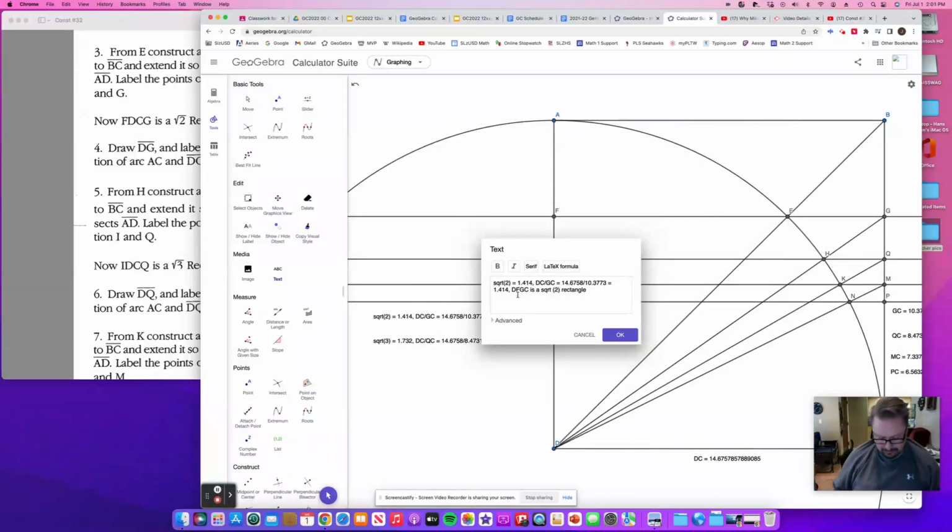All right. So square root of 4 is 2.000. DC over MC over 7.3379.